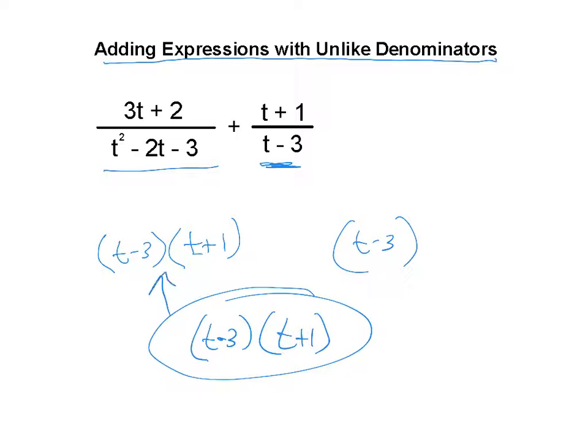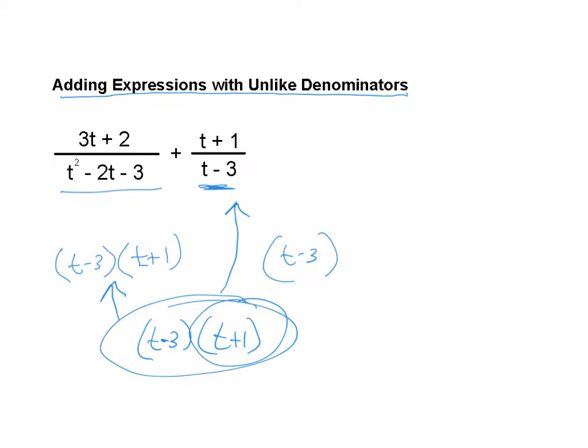Notice this first one already is that, so we need to make this one also match. So notice what it's missing. It's missing this. So here's what we're going to do. This one can stay entirely the same. We're not going to change this one's common denominator. So I'm just going to rewrite it exactly the same right here. T minus 3, t plus 1.